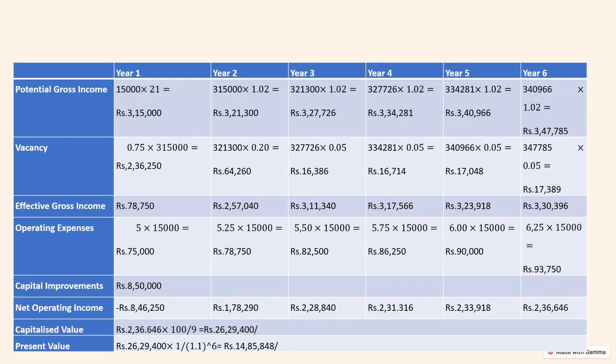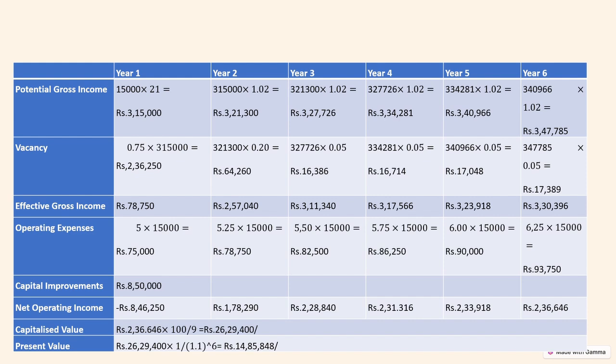Potential gross income: the area is 15,000 and the rent is 21 rupees in the first year. So the value comes out to be 3,15,000 potential gross income. It is given that 75% will remain vacant during this period. So the loss of rent due to vacancy will be 0.75 into 3 lakh 15,000, which is 2 lakh 36,250.